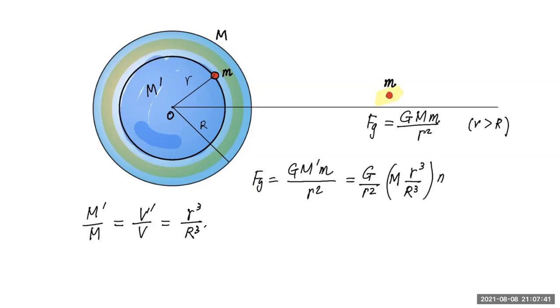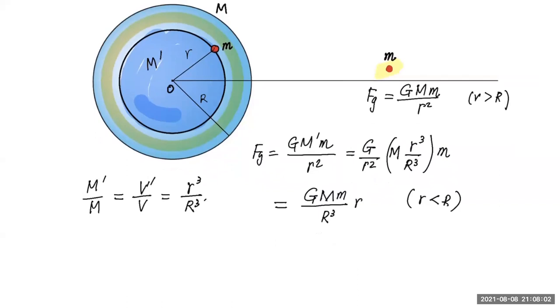And then multiply by the point mass. Now, if we clean this up a little bit, this gives us G M m divided by big R cubed, times small r. This is for r less than R. You see, the force of gravity actually increases as the point mass moves away from the center.